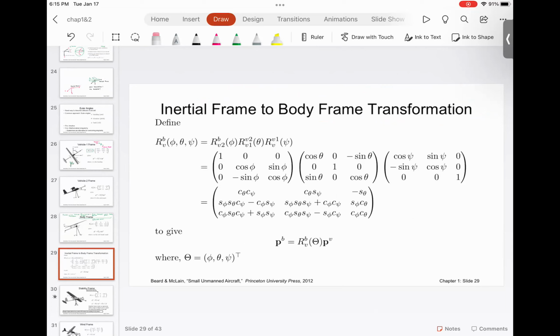As I showed in the last class, small rotations are commutative because of the small angle approximation. But in general, large rotations are non-commutative, which means if you change the sequence of the rotation, the answers will not be the same. However, here is what happens. These rotation matrices are calculated at the millisecond level. In a millisecond, the theta variation is extremely small.